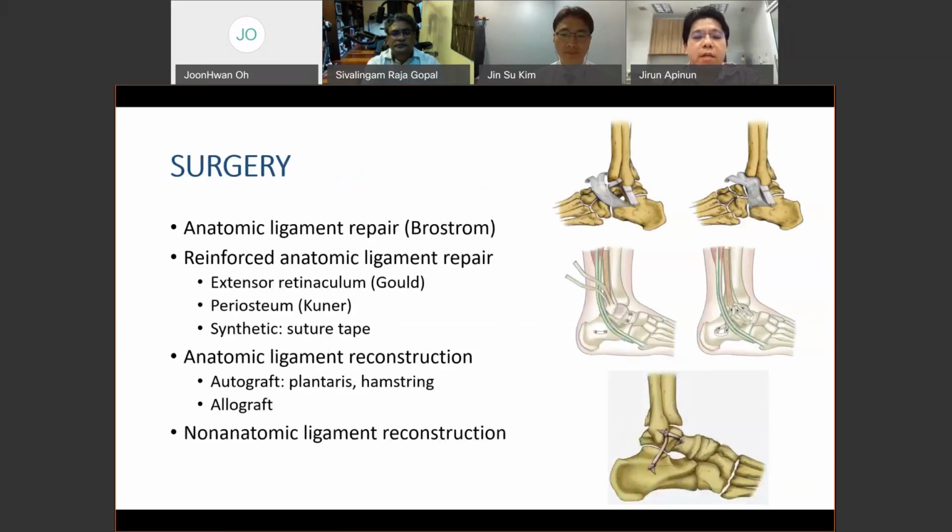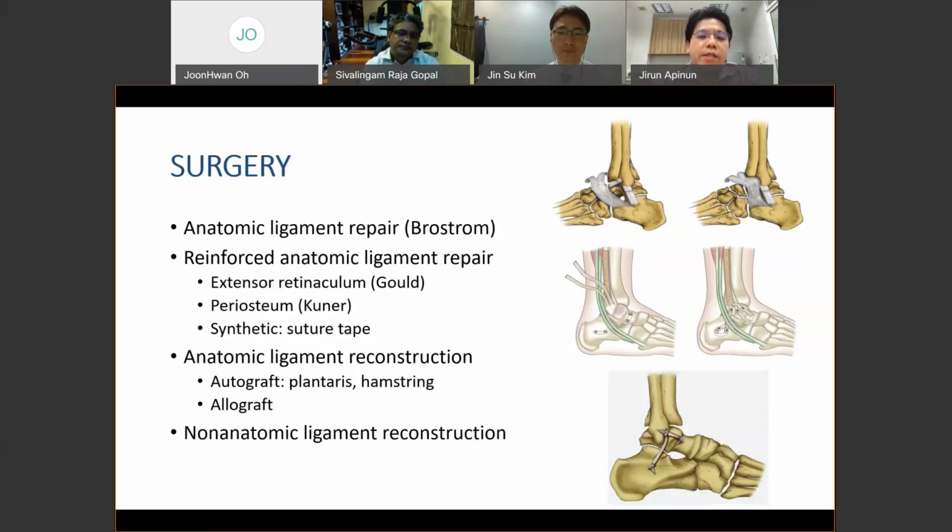Okay, the surgical option can be the anatomic ligament repair, which was proposed by Broström, and can be reinforced by extensor retinaculum as proposed by Gould, by periosteum, or by synthetic material such as suture tape.